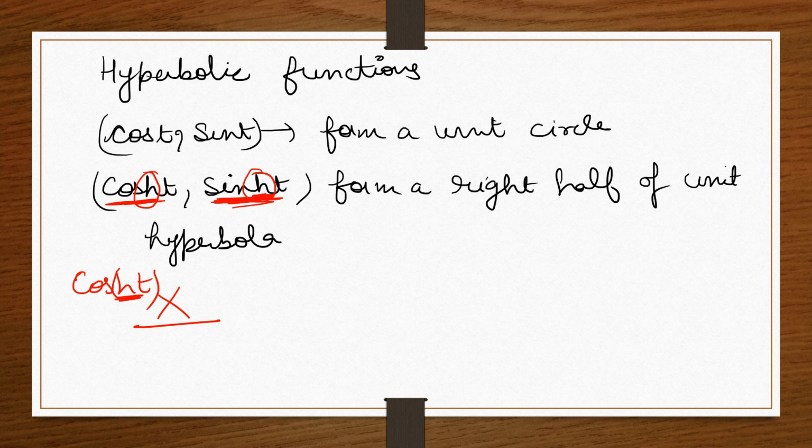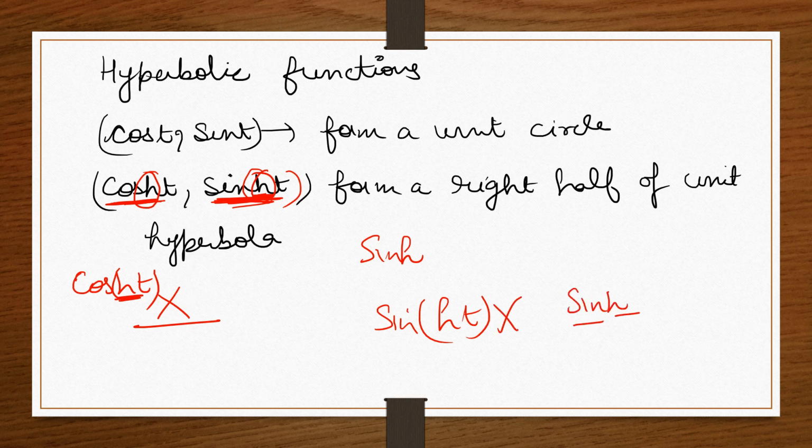But I prefer to call it sine hyperbolic. Fine, but keep this in mind, this is not an angle. Sometimes students do sine ht. No, this is shine, like sine hyperbolic. Okay, this is the notation. Now in the next slide we will see how we can represent these hyperbolic functions in exponential form.